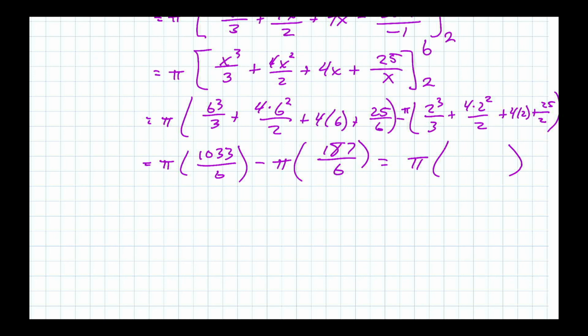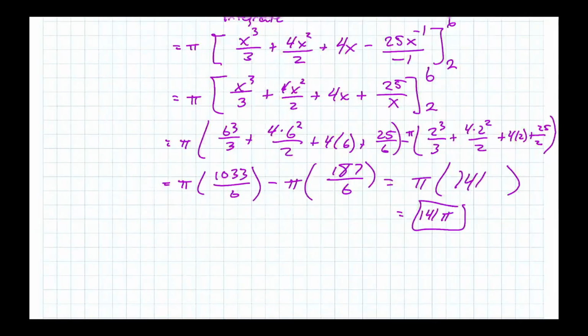It's a good sign that all my fractions managed to cancel out. It gives me 141. I'll type that in and hope for the best. Oh, we missed the pi. Okay, that's correct. Okay, so that is how these go.